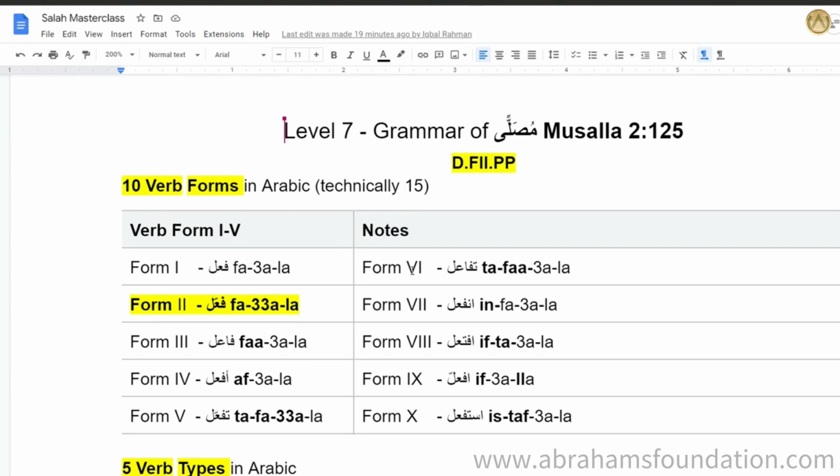Even a perfectly normal Arabic speaker who hears it will be like, bro, I have no idea what you're saying. So it doesn't matter. What you need to know is that there are 10. That's the first thing you need to know. How many verb forms? 10.